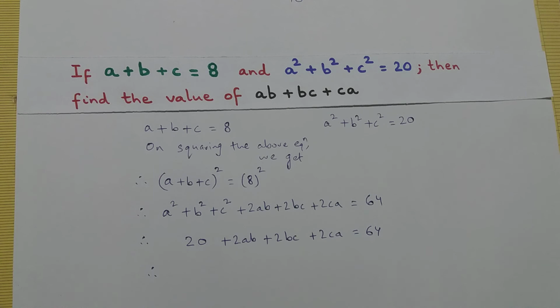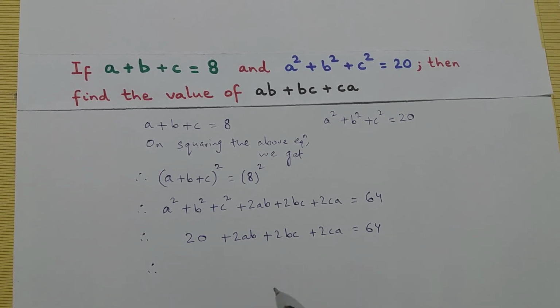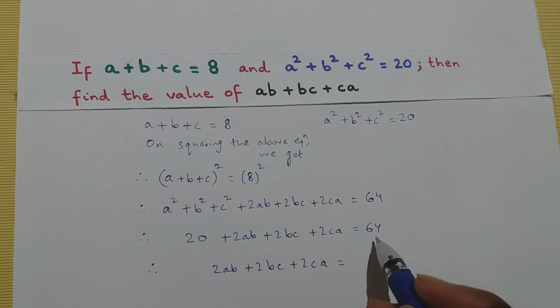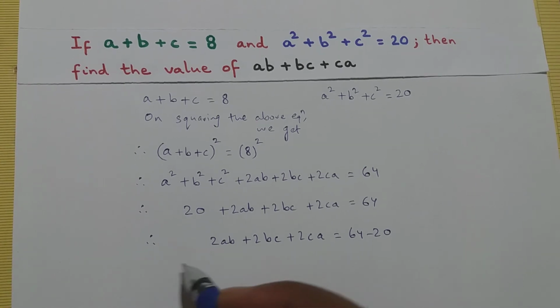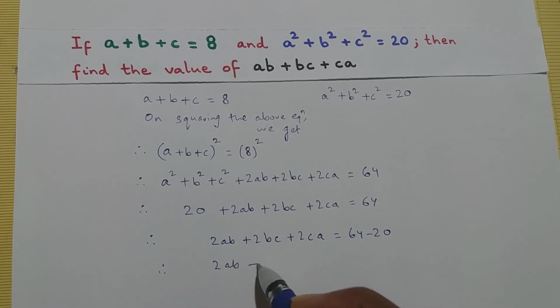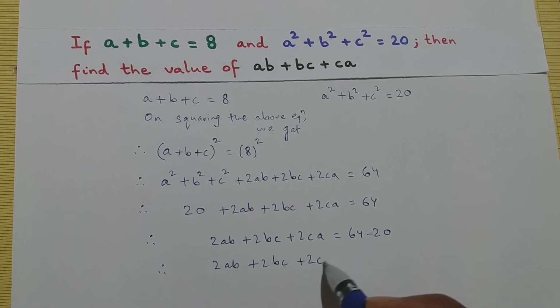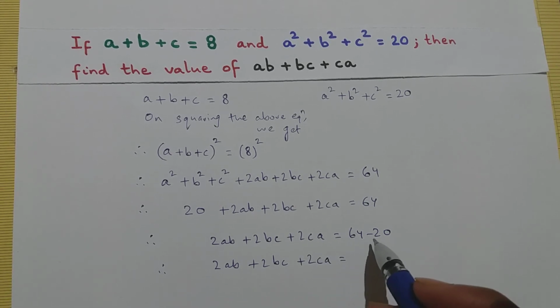From this equation, I can say 2ab plus 2bc plus 2ca is equal to 64 minus 20. 64 minus 20 is 44.